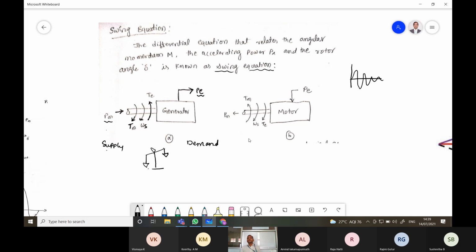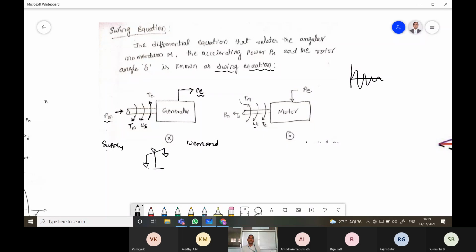Similarly, in a motor you give electrical power as input, the reverse of the generator. Because of this, an electrical torque is produced, and due to that the rotor starts rotating with angular velocity omega s. Finally you get mechanical power, that is mechanical torque Tm.